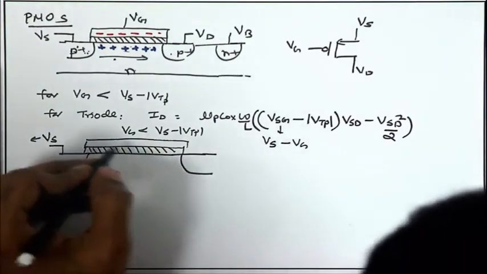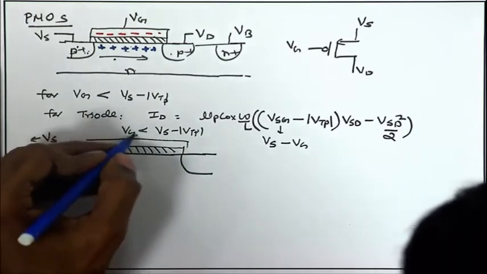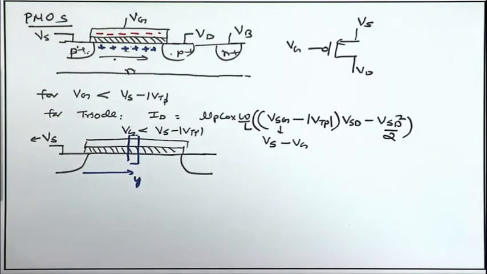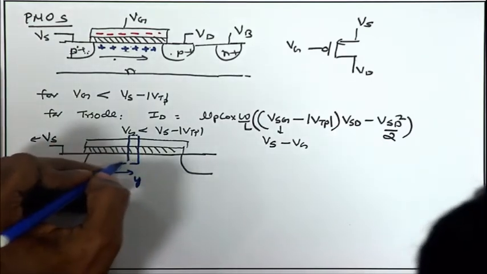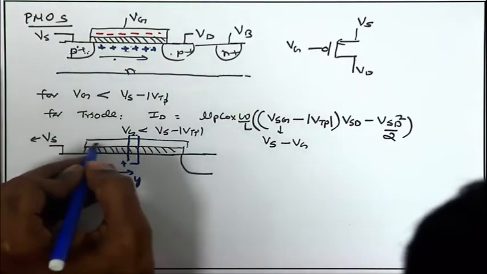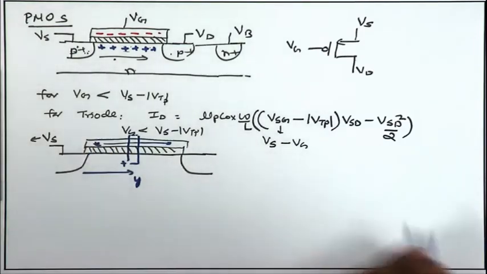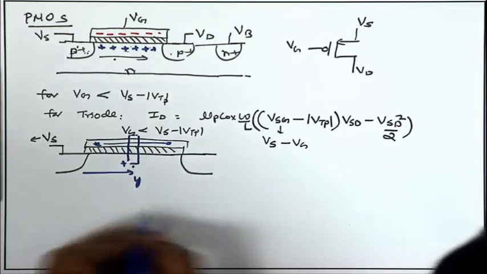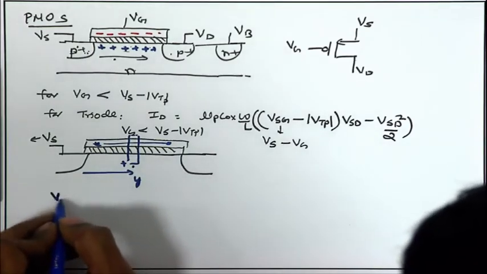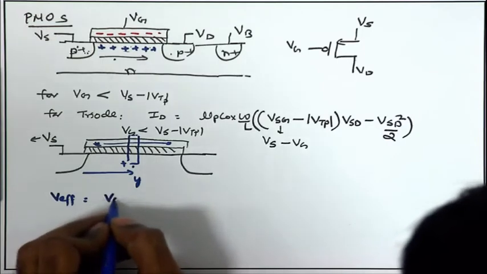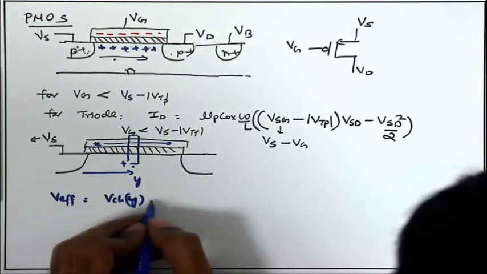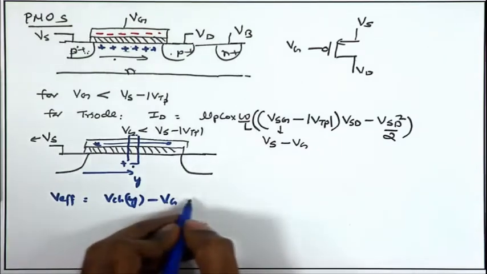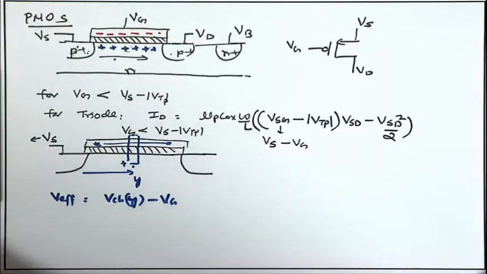At any point in the channel, if I take a particular cross section and call this location y, the effective potential drop is Vg, which is uniform across this entire metal contact, with no change in potential. Here you have V channel y. So, effective potential V effective is just V channel y minus Vg, and this must be greater than mod Vtp in order to ensure a continuous channel.